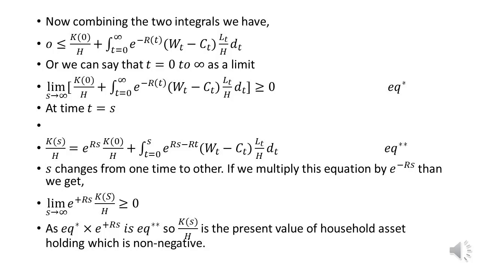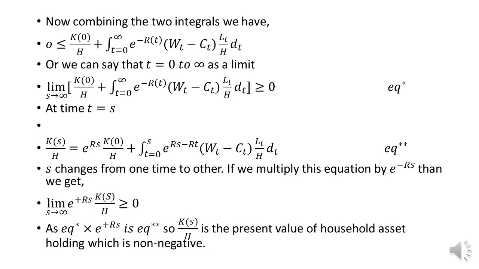Because if you see the equation star, this is actually equal to all this part of the equation on the right side of e raised to power rs. So we can simply replace this part of the equation with k at time s divided by h.